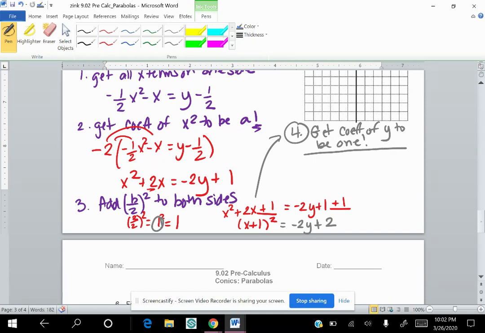And that's important to remember because in this case it is a GCF, but it won't always be. So we're going to take x plus 1 quantity squared, and we're going to factor out that -2, which will leave us with positive y minus 1. And that will be our equation.